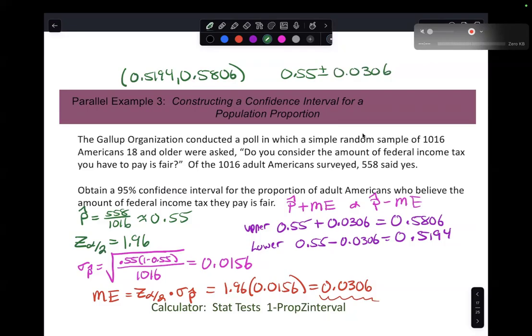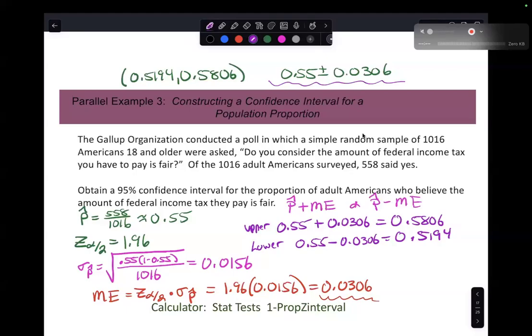Those are the two different ways that I could write this. Usually, this one right here is how we see it in presidential polls and things like that. I would see that this candidate has 55% of the vote plus or minus 3%.